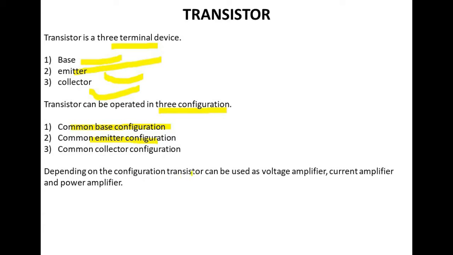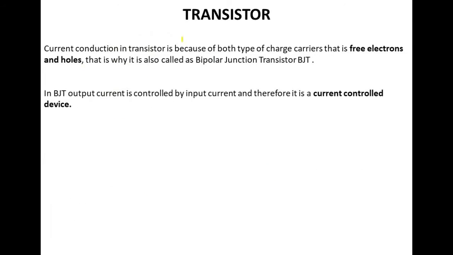Depending on the configuration, transistor can be used as a voltage amplifier, current amplifier and power amplifier. Current conduction in a transistor is because of both types of charge carriers, that is free electrons and holes. That is why it is also called a bipolar junction transistor, BJT.